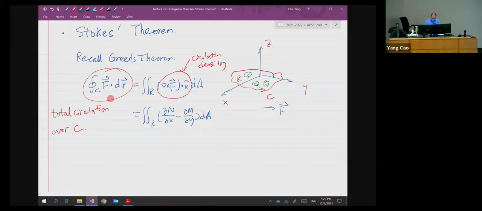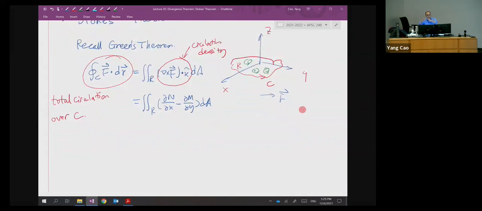But the problem with Green's theorem is that the curve C has to be in the XY plane, and the vector field is also a 2D vector field. So it's restricted to the planar case. What if my curve C is in 3D space, not planar? And this vector field F is not 2D, it's a 3D vector.